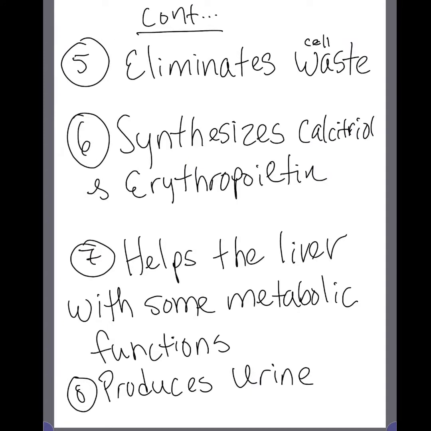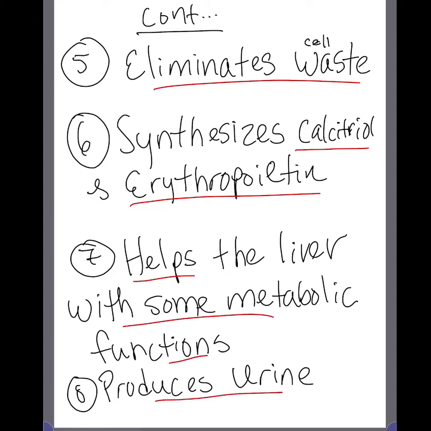It also helps with the elimination of metabolic cell waste, and it synthesizes calcitriol, which is the active form of vitamin D, and erythropoietin for red blood cell production. Last but not least, it aids the liver with some of its metabolic function, and of course produces urine.